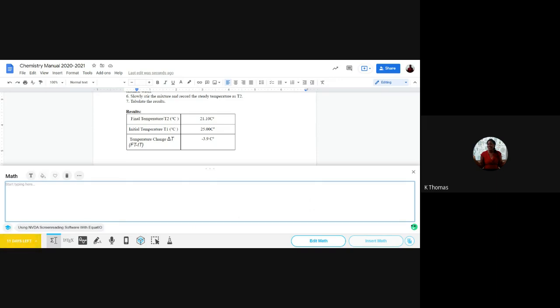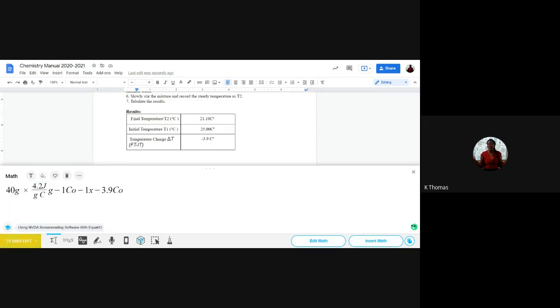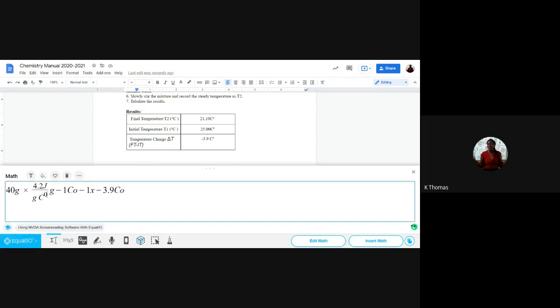All right, so starting here. 4.2 joules per gram per degrees Celsius.